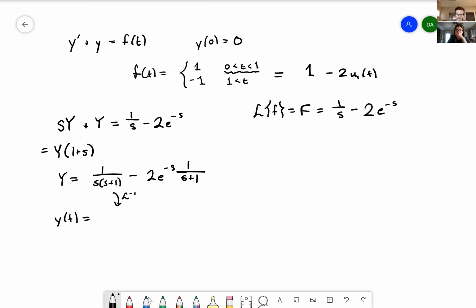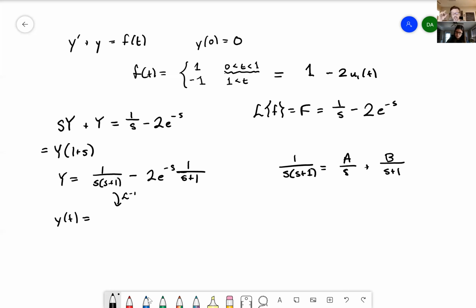I don't want to do this. Let's do it using partial fractions. So this is s times s plus 1 equals A over s plus B over s plus 1.